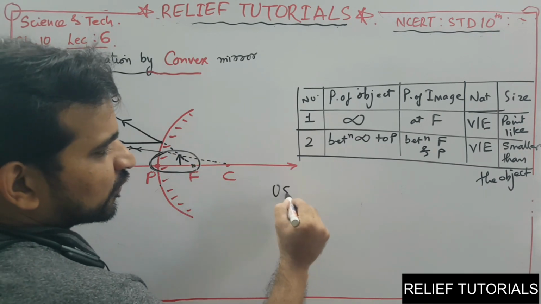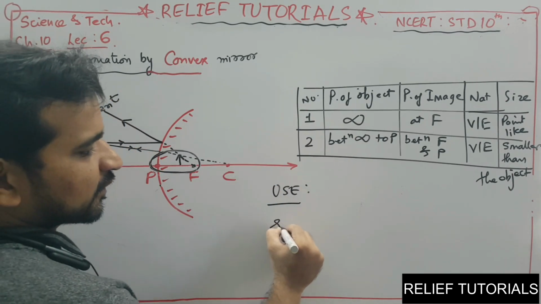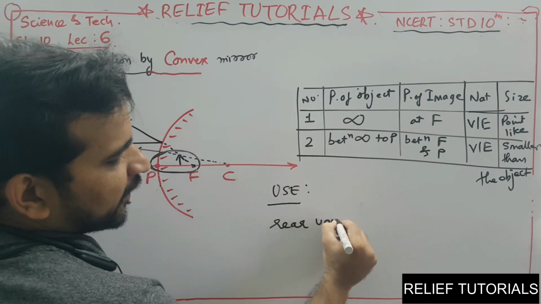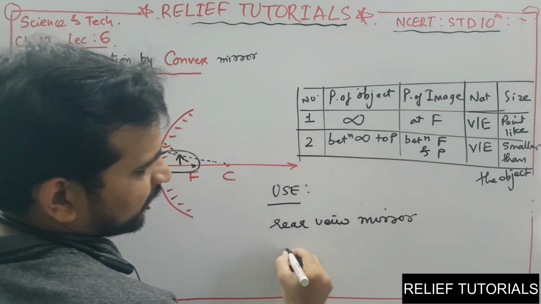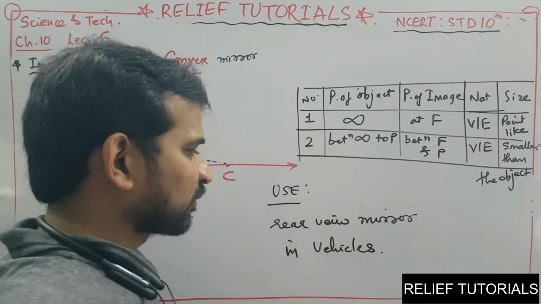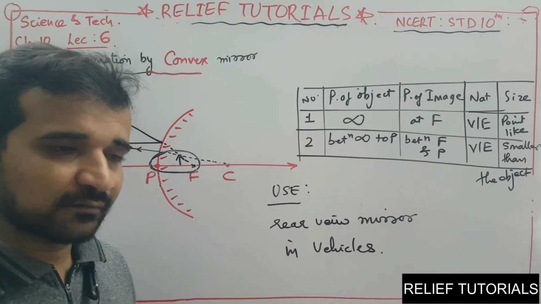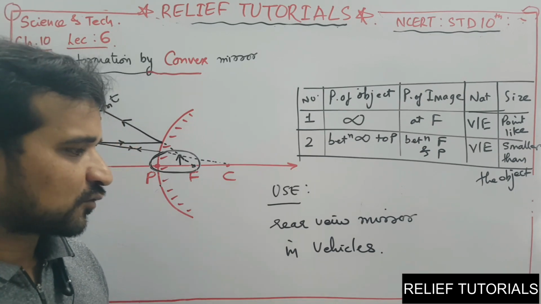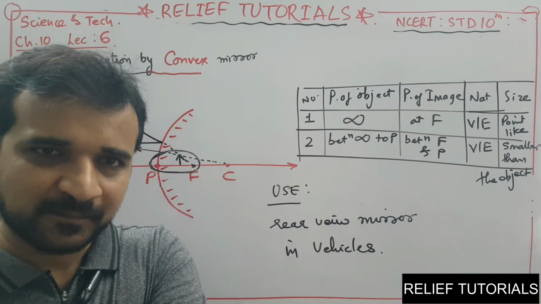One use of the convex mirror is as a rear view mirror in vehicles. Normally we experience this, that we have rear view mirrors in our two-wheelers and four-wheelers, so we can see the vehicles coming behind us.